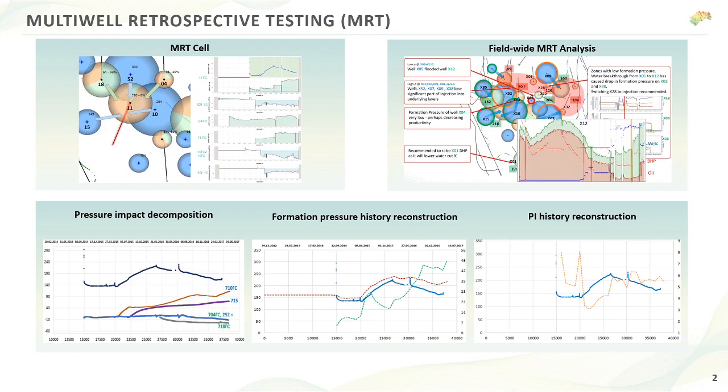So the idea of this technology is to identify the influence of each surrounding well and simultaneously to see how the well itself would behave if there were no offset wells at all. So this is the point. We are trying to decompose the well behavior into, let's say, its own behavior and the impact of offset wells.